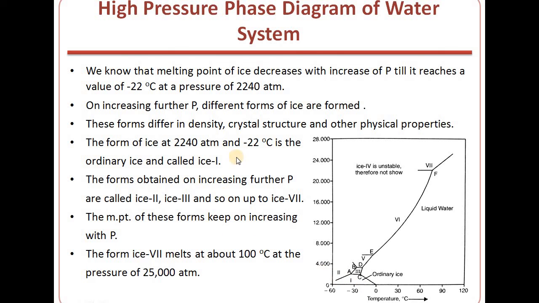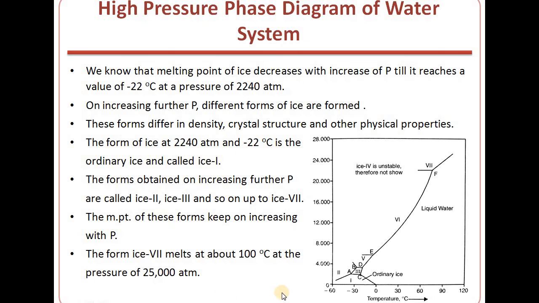On further increasing the pressure, different forms of ice are formed: ice 2, ice 3, ice 4, 5, 6 and 7, and so on. Now look at the melting points of these forms. On further increasing the pressure, the melting point of these forms increases with increasing pressure. Now the variation is opposite. Below this pressure, the melting point was decreasing with pressure.